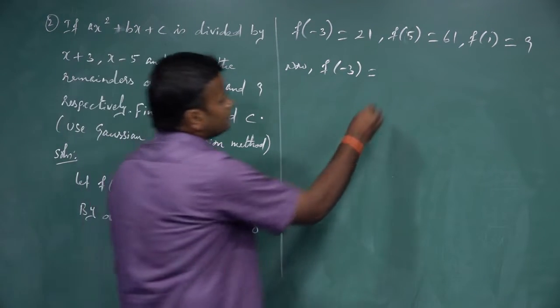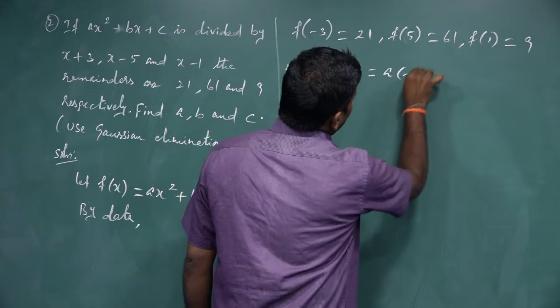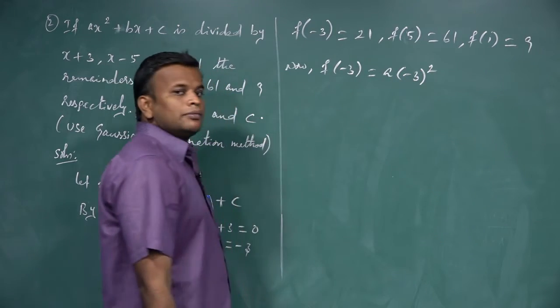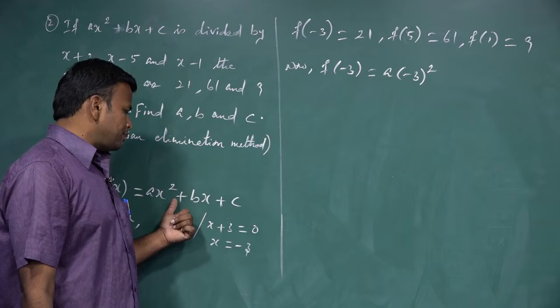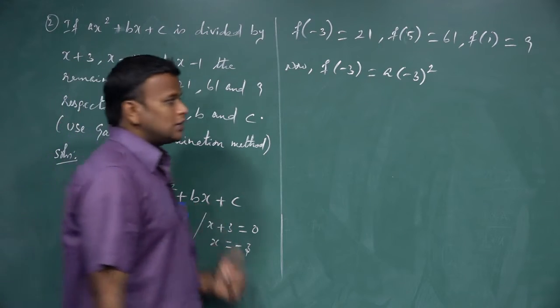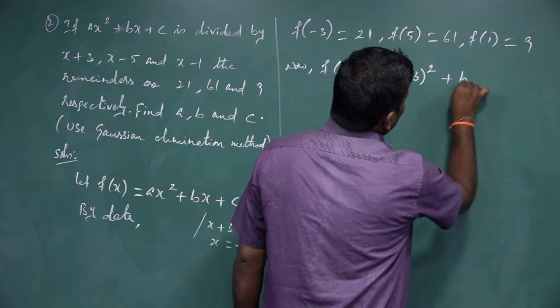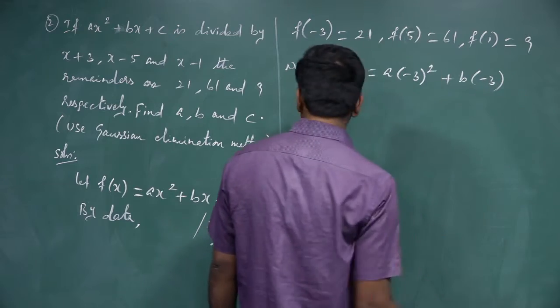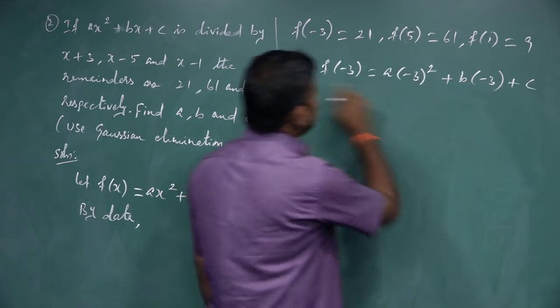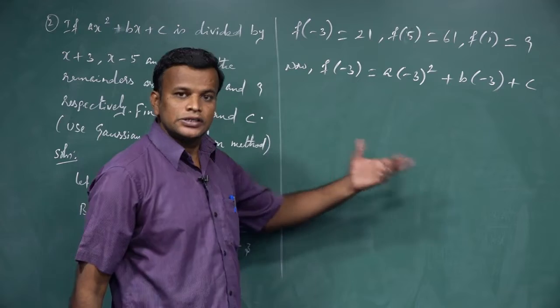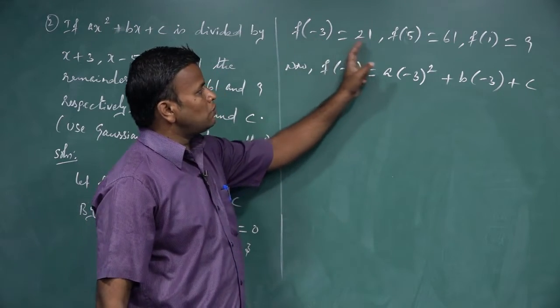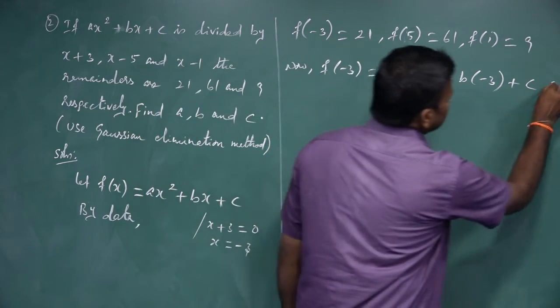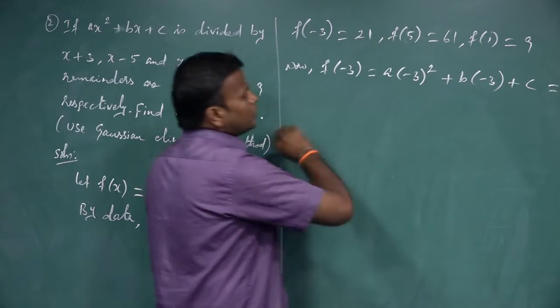So a of minus 3 the whole square, because the value of x is minus 3, plus b of minus 3, plus c. This is the value of f of minus 3, but f of minus 3 should be equal to 21.